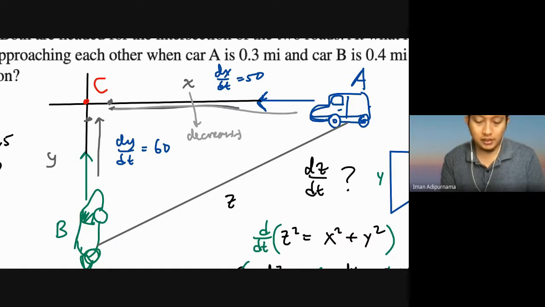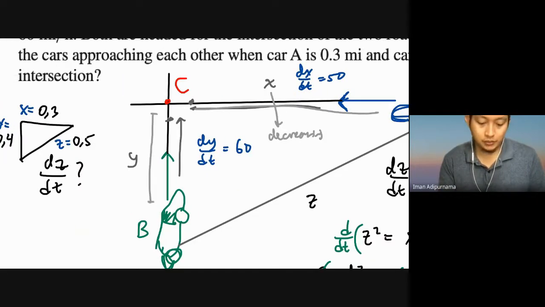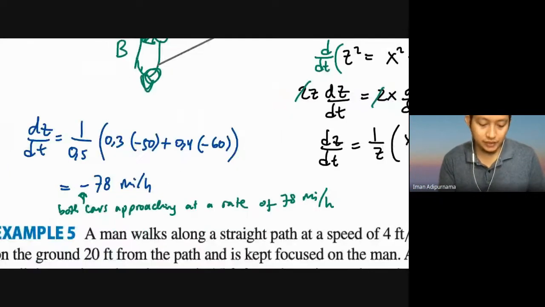Because car A is moving to C. So I make the distance x decreasing, and then distance y is also decreasing when B is moving to C. Because it's decreasing, I will make the rate of change negative, so I put negative here and negative here.